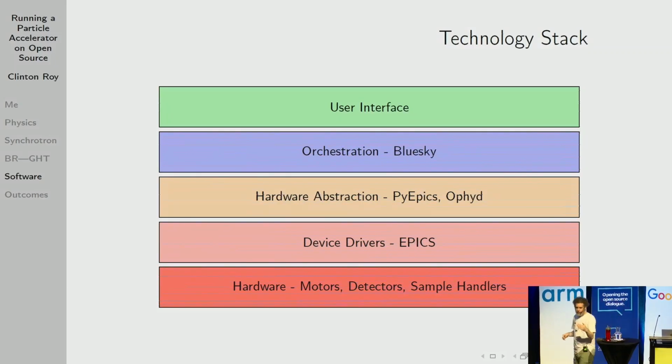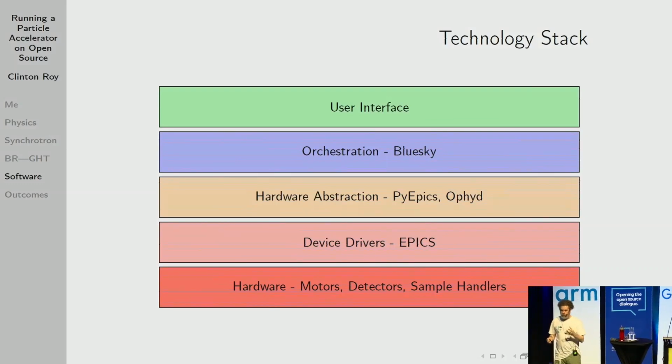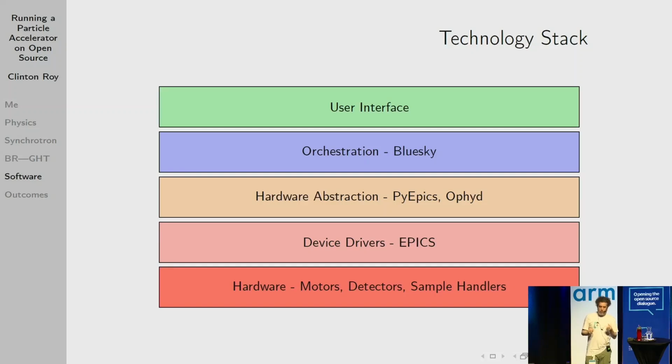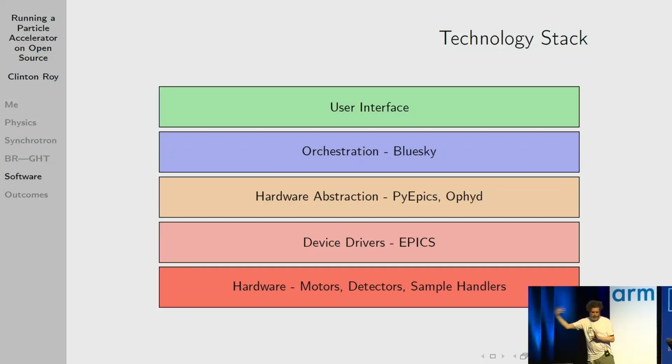On top of Ophyd, we've got a thing called Bluesky. Ophyd deals with a lot of the low-level details. Bluesky deals with a lot of the big, high-level details. Bluesky is for running experiments, so we can turn on all of our motors, we can turn on all of our pumps, we can open all of our shutters, we can let the X-ray beam through, we can maneuver the samples around in the way of the X-ray, then we can trigger our detectors and take images.